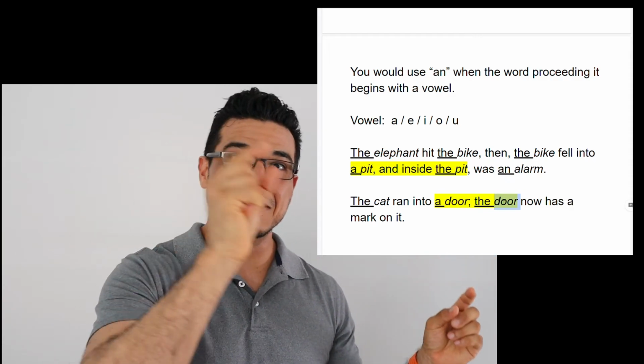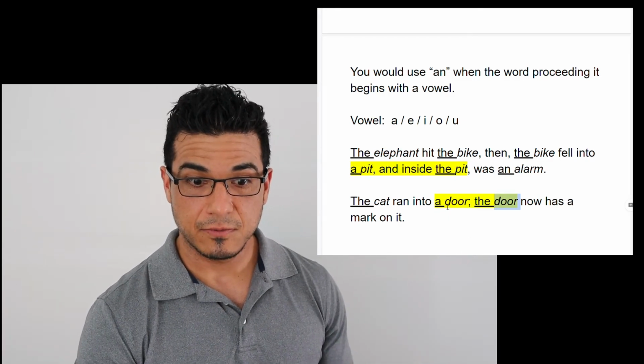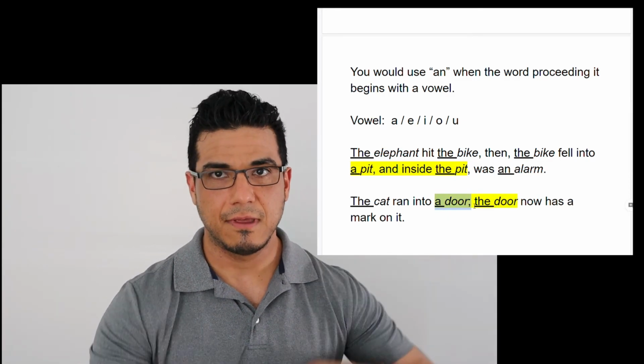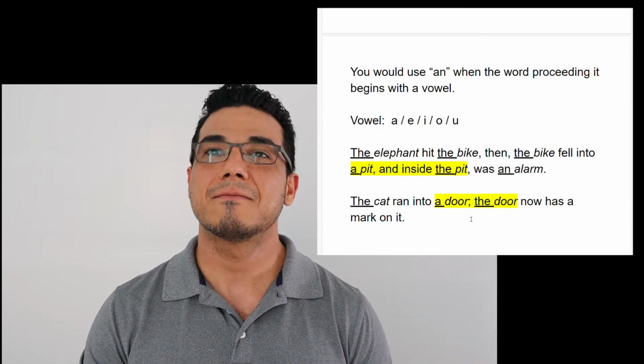So it is technically pointing towards a specific door. Which door? Oh, the general door, the one that I just talked about. Hopefully that helps to clarify it. Sorry, English is a fun language.